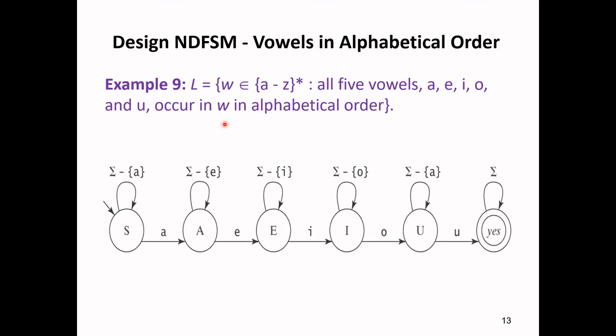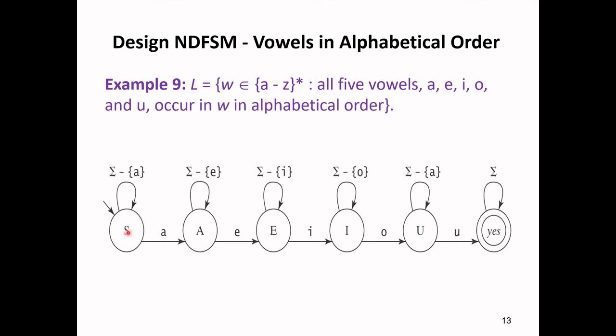The non-deterministic finite state machine obtained is start state S, a compulsory transition A, after that E, I, O, U reaching the final state. So this is for the vowels in alphabetical order, but the alphabet is A to Z.